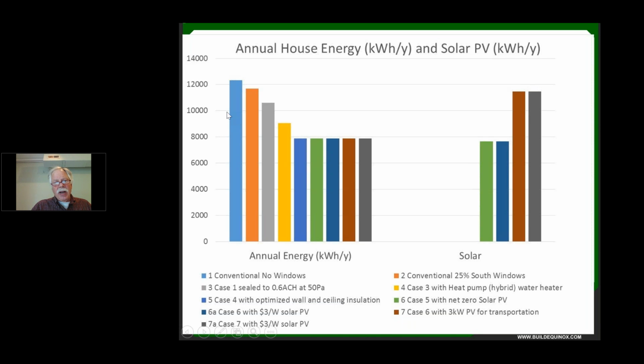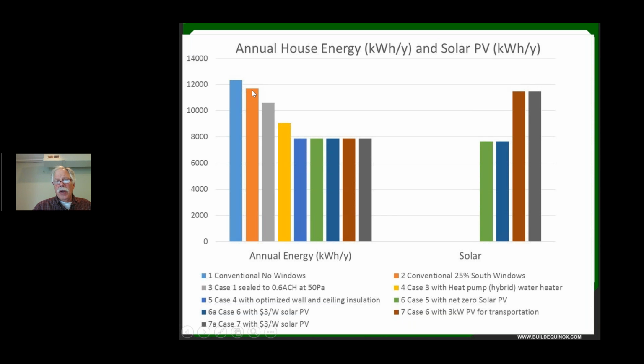So for example, case 1, just a conventional house with 3 occupants, we'd assume that, predict that to have maybe 13,000 kilowatt hours of energy usage a year. If we add 500 square feet of windows to the south facade and remove 500 square feet of insulated wall, we would see an energy drop in our area because of that.